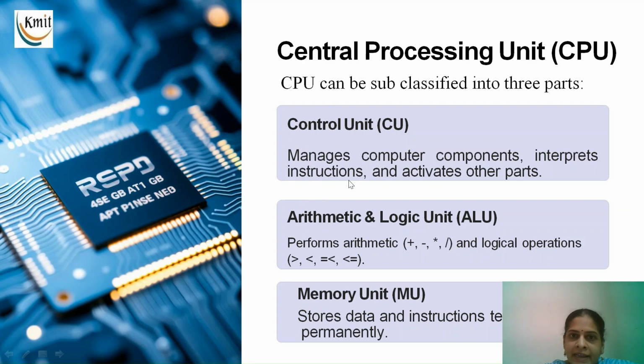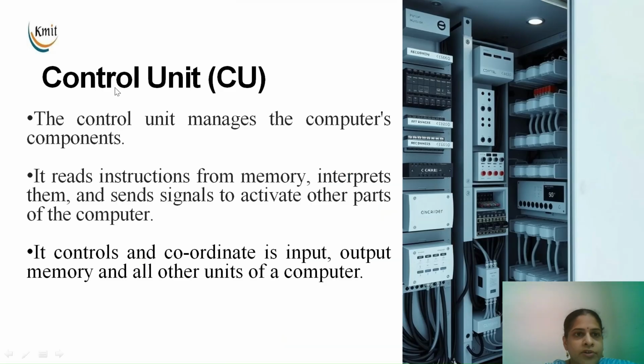So, we'll see in detail the control unit. The control unit manages the computer components. It reads the instructions from the memory, interprets them, and sends the signal to activate the other parts of the computer. Based on the instructions which are stored in the memory unit of the computer, the control unit is going to interpret the information present in the instructions and understand what operation has to take place.